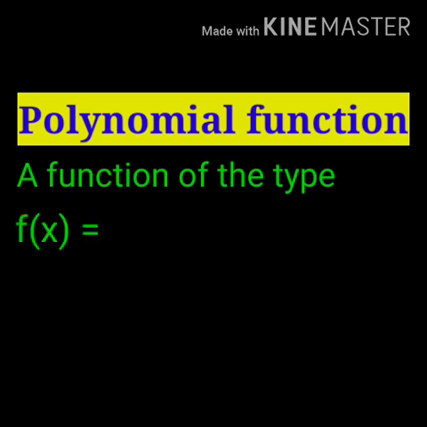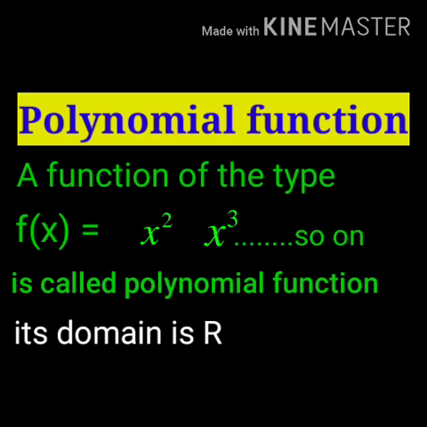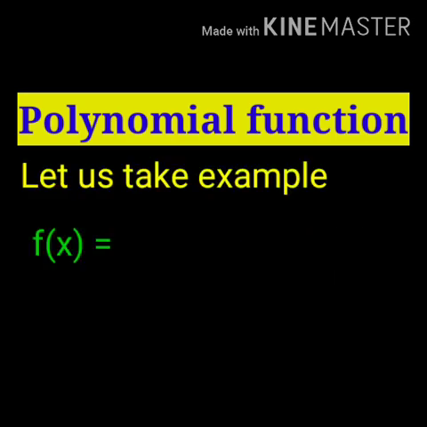A function of the type f(x) equal to x square, x cube and so on is called a polynomial function. The domain of a polynomial function is the set of real numbers R. We take an example f(x) equal to x square.